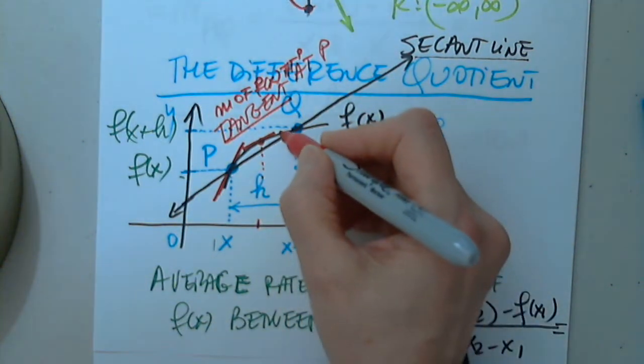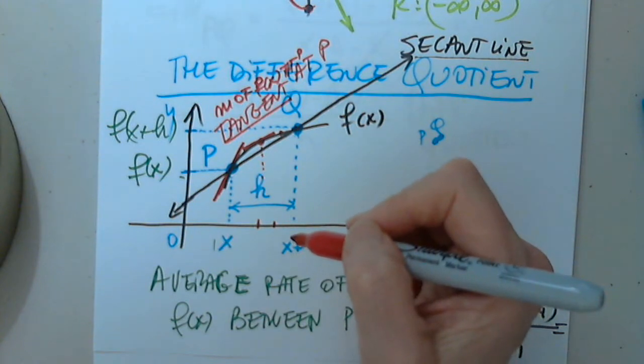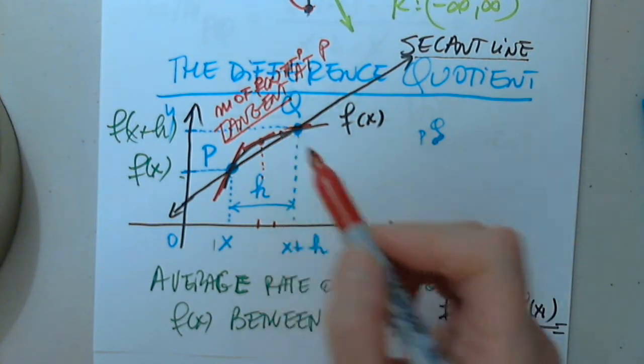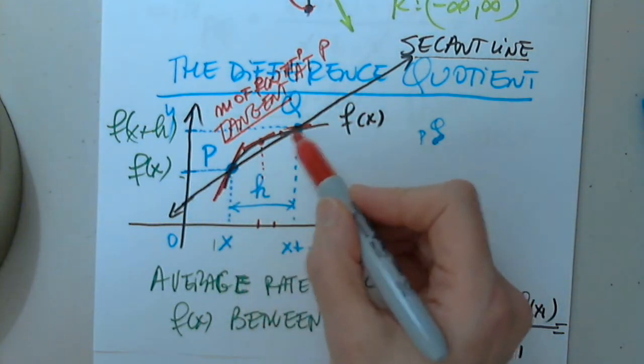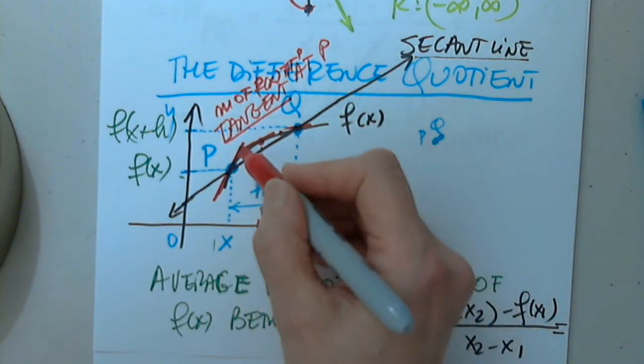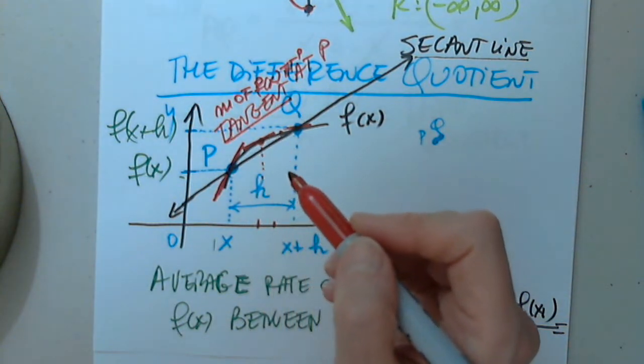The slope here will tell you the instantaneous rate of change, which is the speed at that time. The slope here will tell you the same thing. So this is between any 2 points, but the slope of the tangent is what we are after.